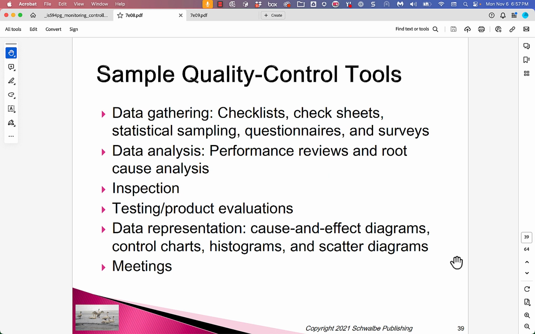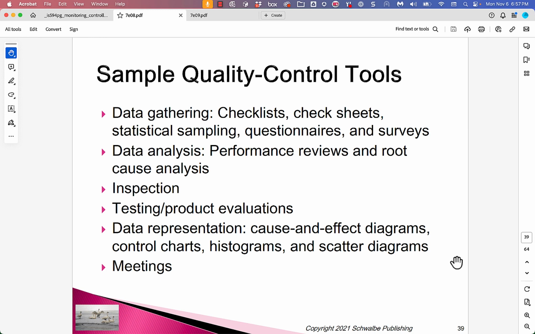Now, there are a lot of interesting quality control tools that you can bring to projects, and not all of them apply to all kinds of projects, but you can usually find a tool or two to use on your project that can create a lot of value.